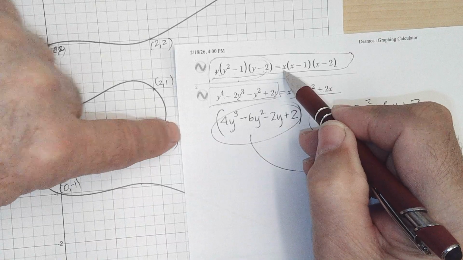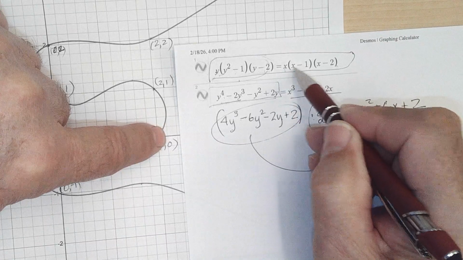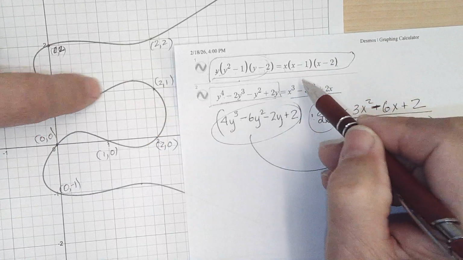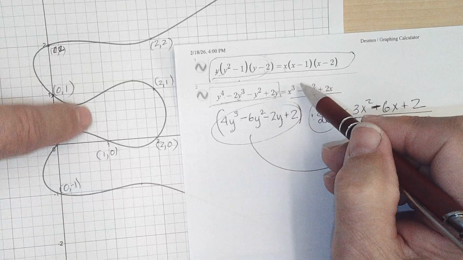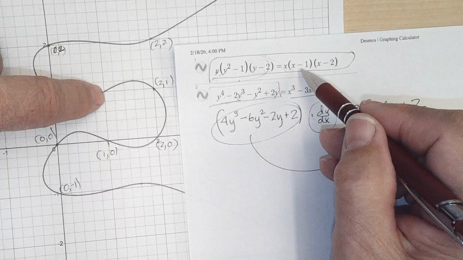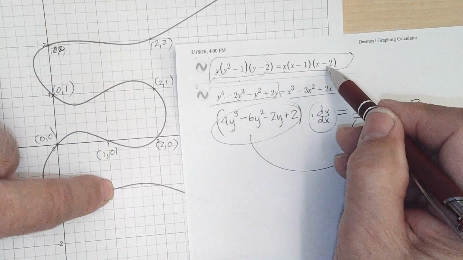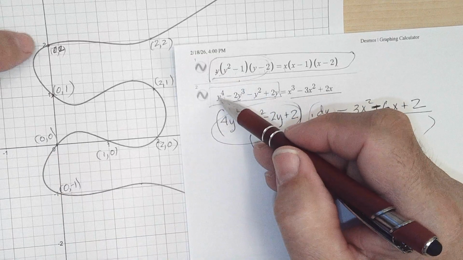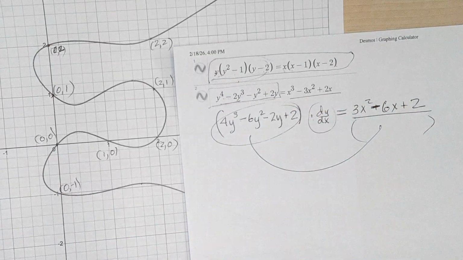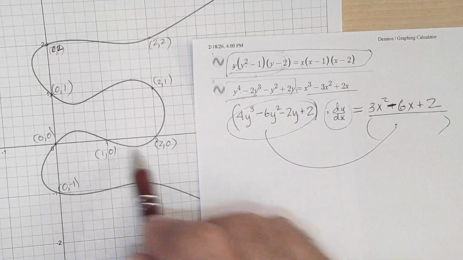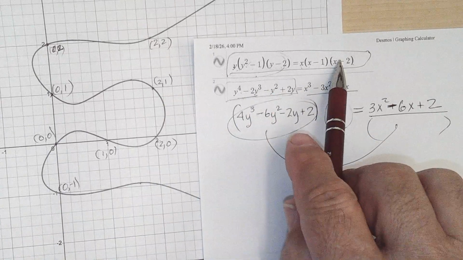So there's 0 for x, 3 places. At 1 for x, 1 would make zeros, and 2 would make x zeros. So they're all related to the factored form, and that's how they made it go through these nice points. They used the factored form.